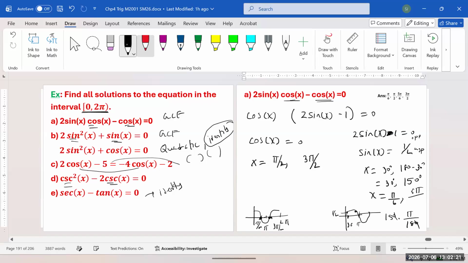So 5 pi over 6. So we have a total of 4 solutions: pi half, 3 pi half, pi over 6, 5 pi over 6. Two for each.